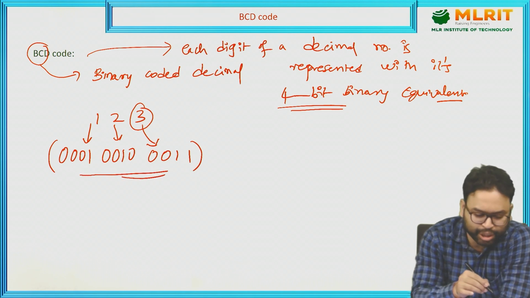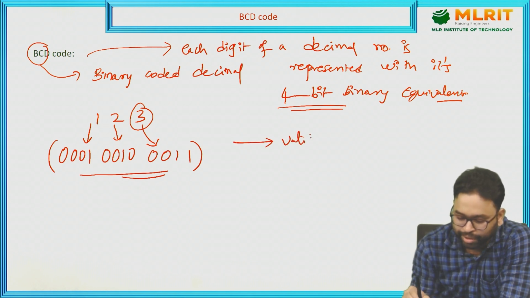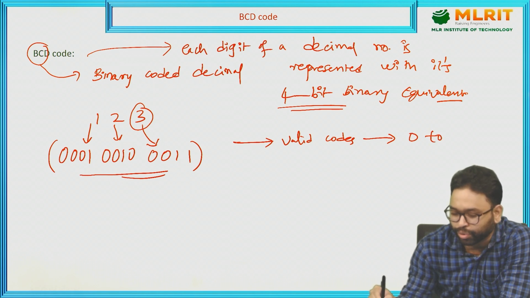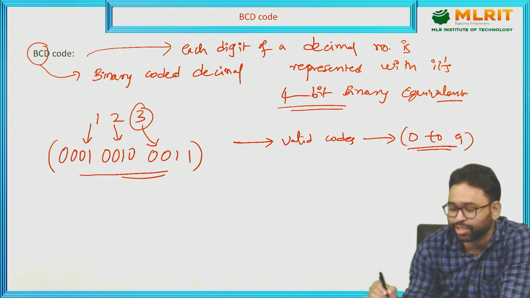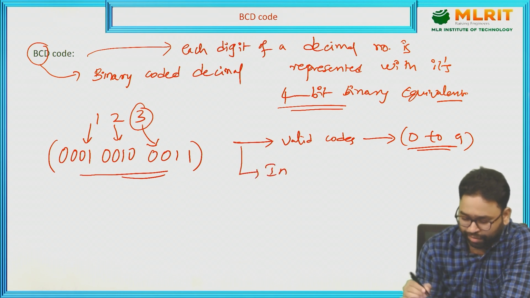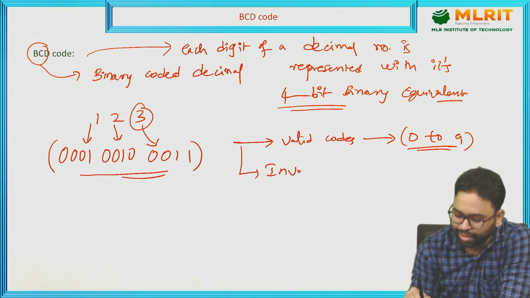Now in this BCD code, the valid codes are present between 0 to 9. 0 to 9 are considered to be your valid codes, and whatever numbers other than 0 to 9 are considered invalid codes.